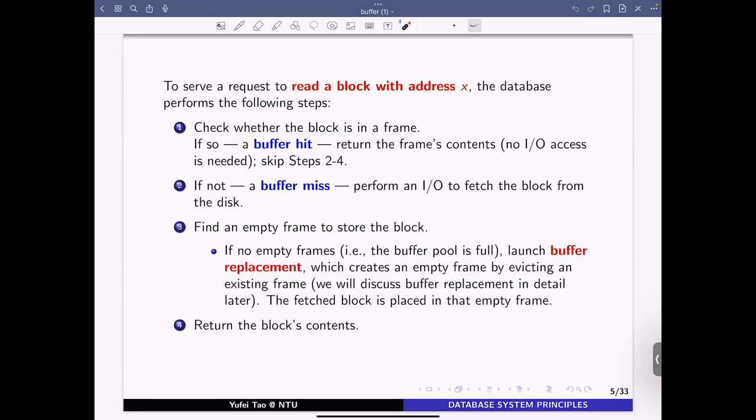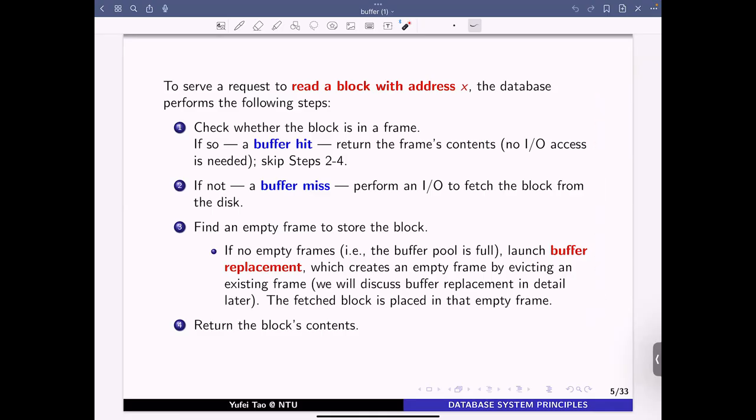You tell the piece of hardware, here is the block address, and I want to fetch the contents of that block. So this is simple. However, you miss the opportunity of saving this IO. Now we have this buffer pool in the middle. The reading process becomes something that's more sophisticated.